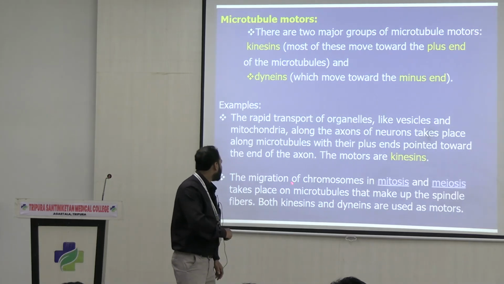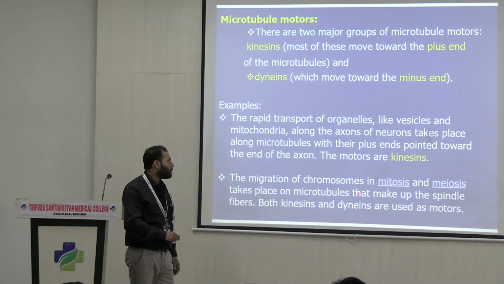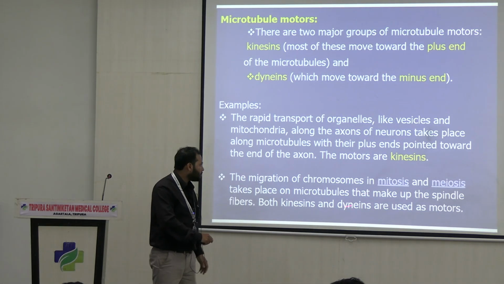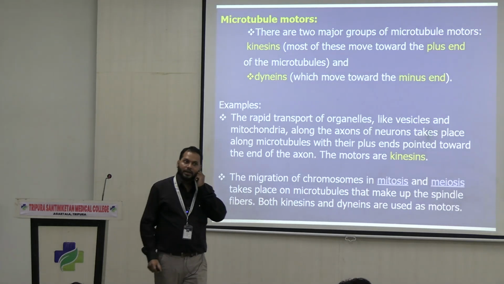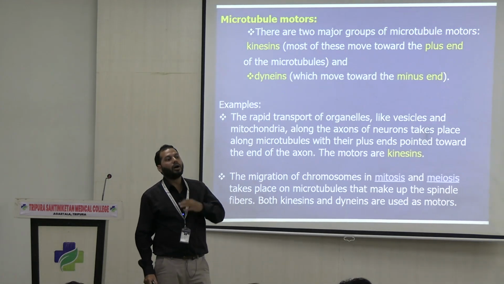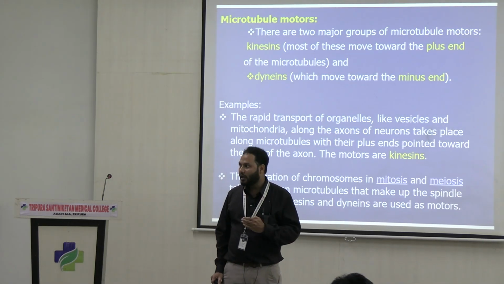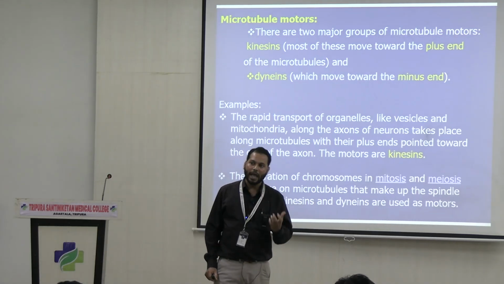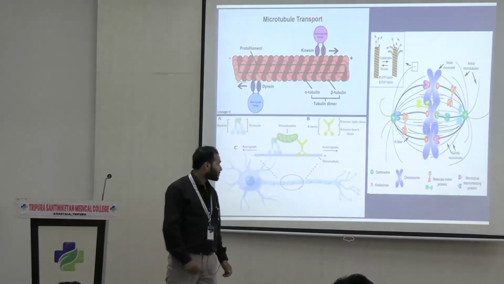So here the migration of the chromosomes in mitosis and meiosis takes place on microtubules that make up the spindle fibers. Here the most important type of protein involved is dynein. So it means in the cell cytoplasm, there are a number of activities going on, and all those activities involve different types of protein with their specific function.